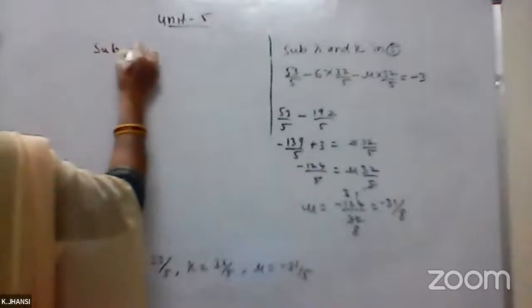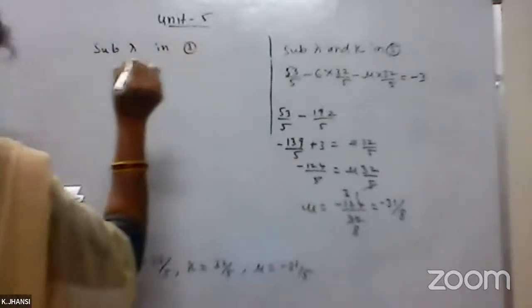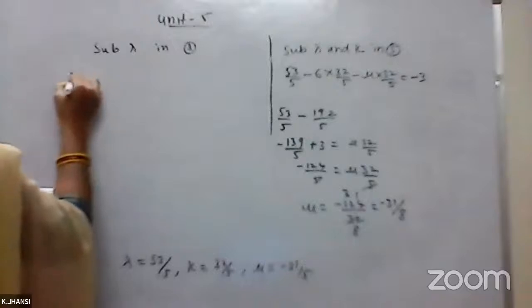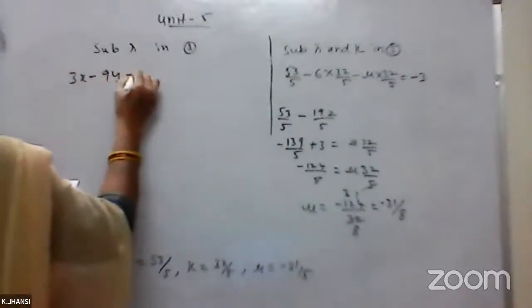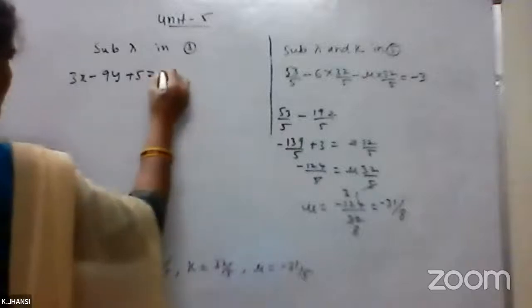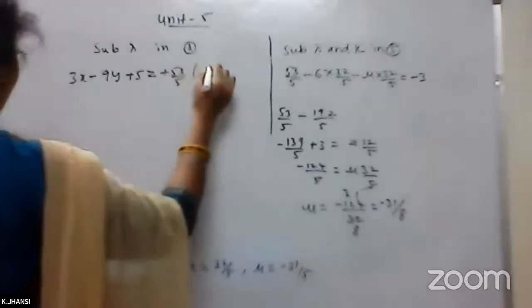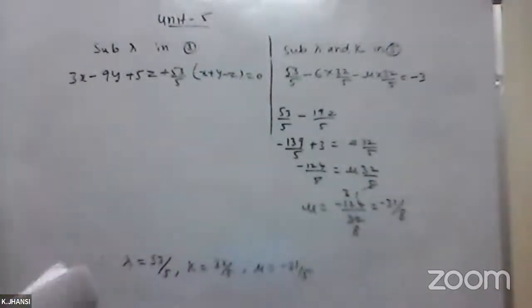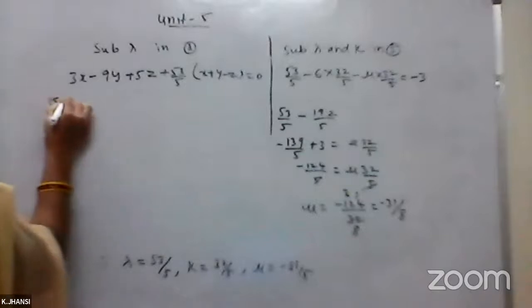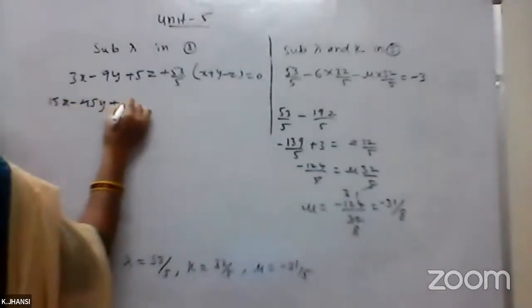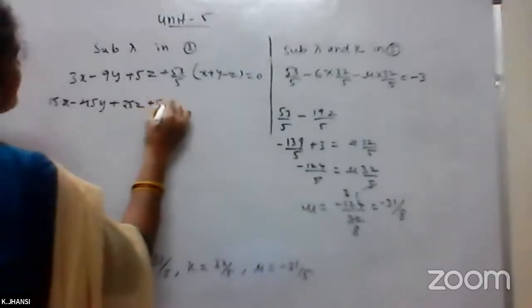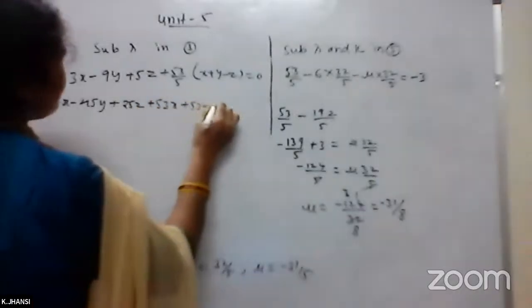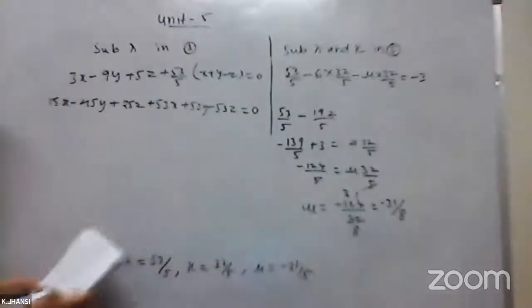Substitute lambda in 3. So what was the 3 equation? So you can take here this one, 9y plus 5z. So what is our lambda? Plus 53 by 5 x plus y minus z equals to 0. Okay. If you cross multiply this, 5 3 is 15 minus 45y plus 5 5 is 25z plus 53x 53y minus 53z equals to 0.